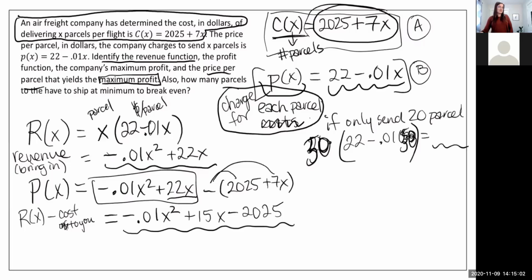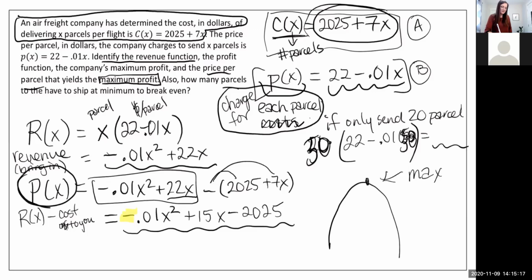So if we graph that, we will see that it is a negative shape. So that means it is downwards facing, which means there is a maximum. And because this is a profit function, that's good for your business to know that you will have a maximum profit based on getting a certain volume.